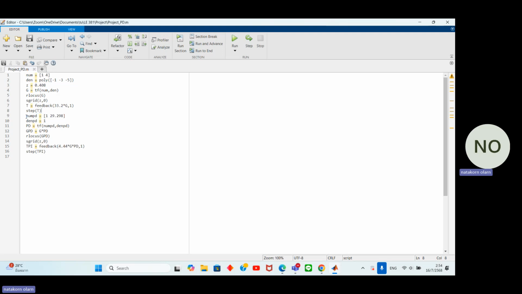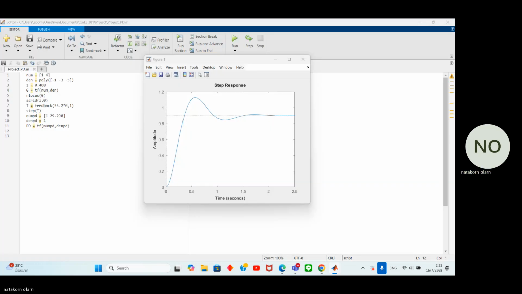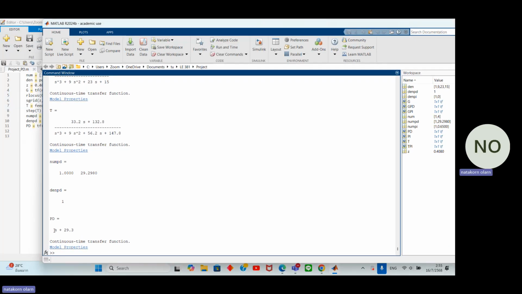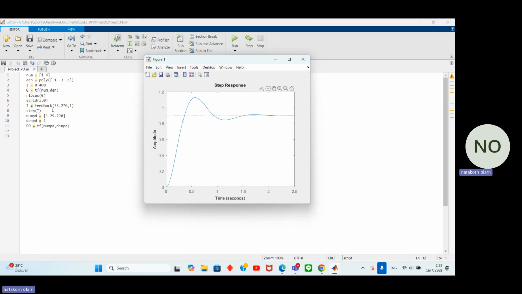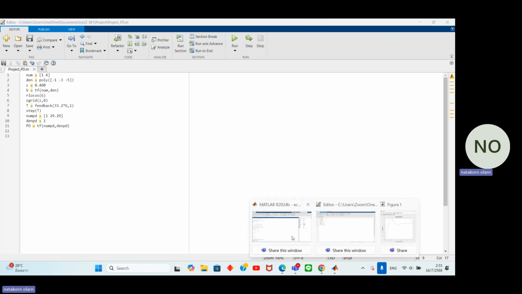Next I add the numerator PD and denominator PD, which is this value. Okay, and I run it again.